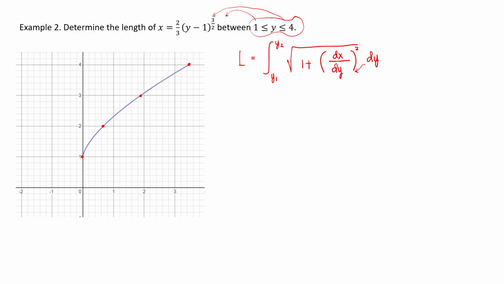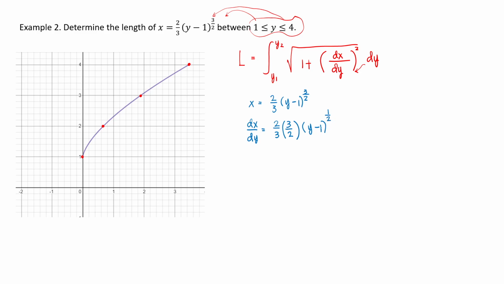Okay, so going into dx over dy, that will be x is equal to 2/3 times (y minus 1) to the power of 3 halves. Then getting the derivative, that will be 2/3. So again, exponential rule in the differentiation process: 2/3 times 3 halves, bring down the exponent, (y minus 1), then 3 halves minus 1 is 1 half.